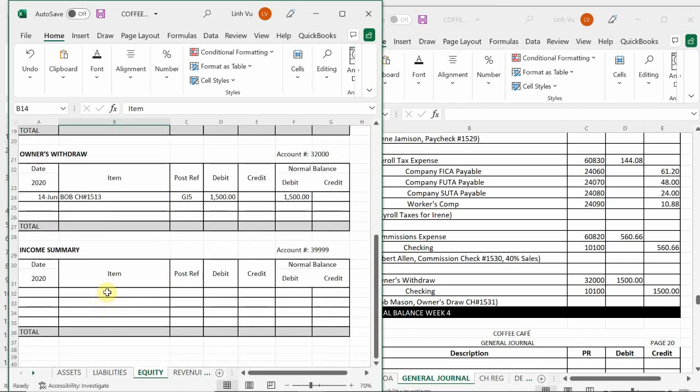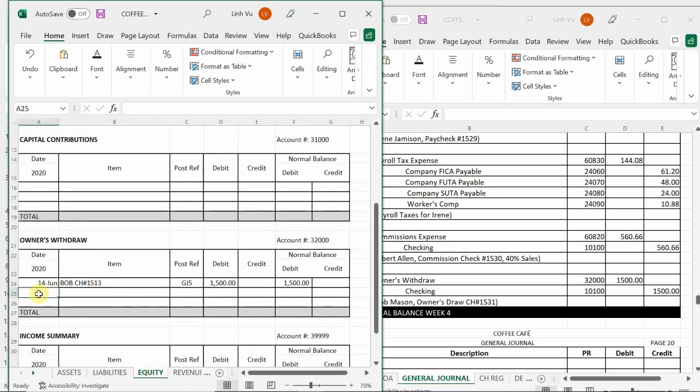Owner's withdrawal right here. It's the 28th. We have Bob cutting himself a check, 1531. General Journal 19 for the $1,500.